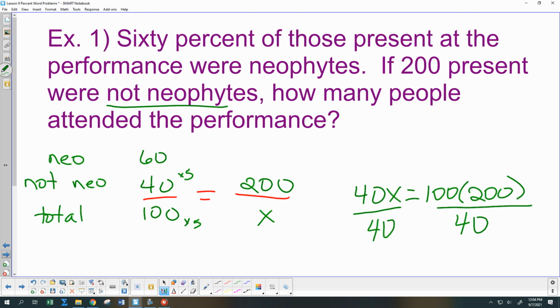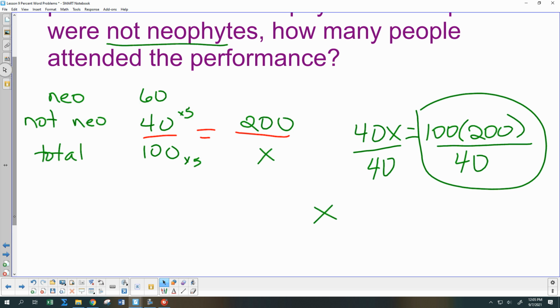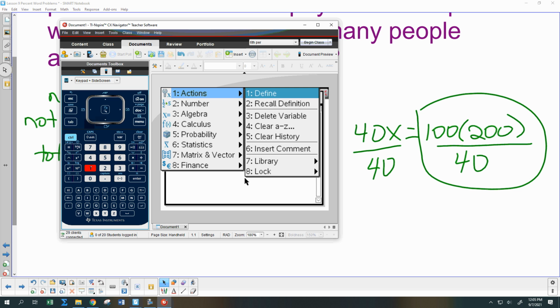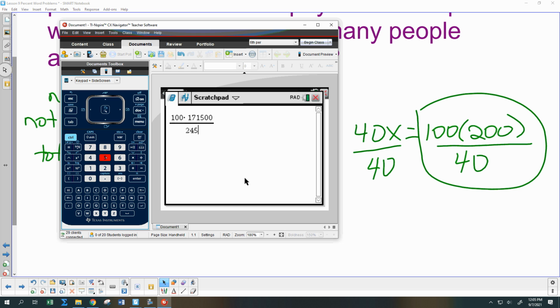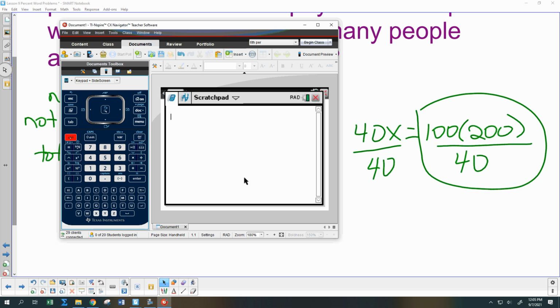If you do it this way, punch that in your calculator. All of this at once. I don't want you to write down what's 100 times 200 and then write that down over 40. You do control divided by, so you get box over box.